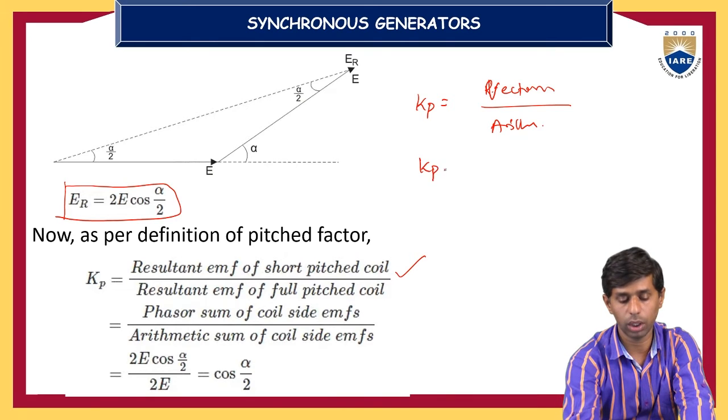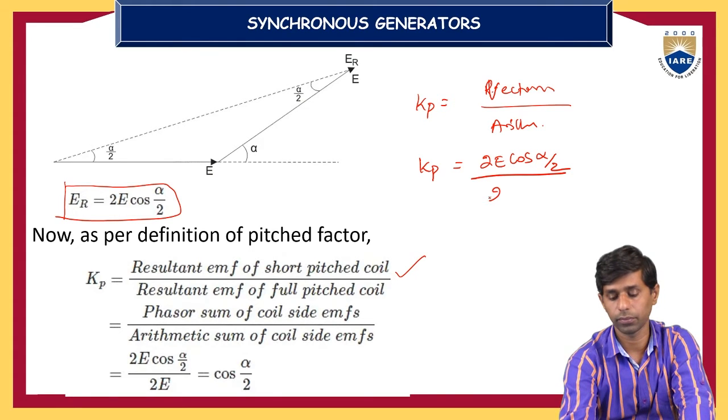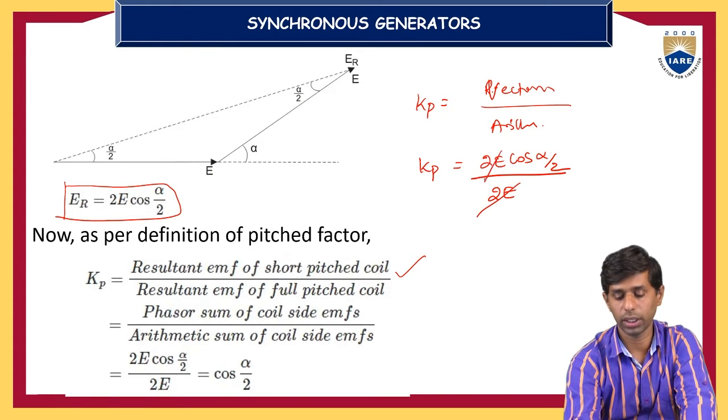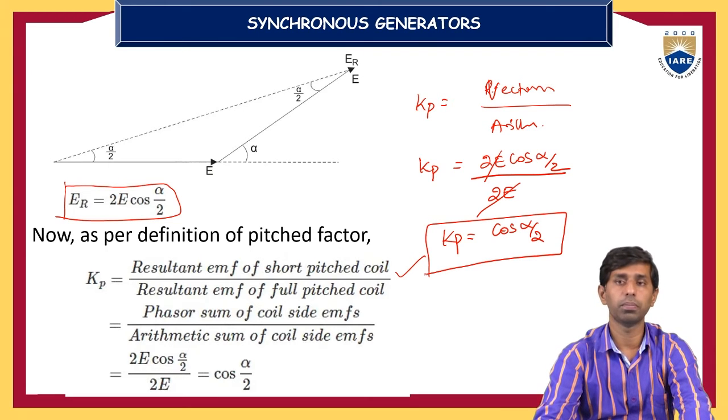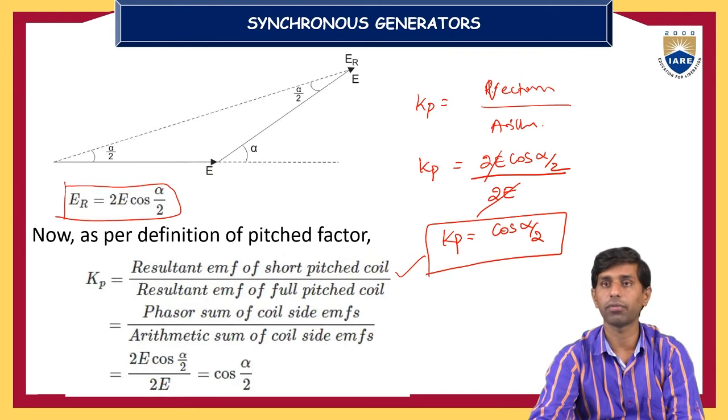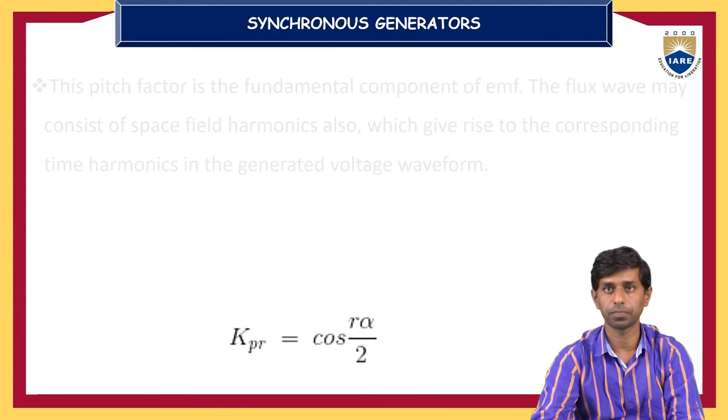So Kp is equal to 2E cos alpha by 2 divided by 2E. These two are cancelled. Pitch factor is equal to cos alpha by 2, which is the expression for the coil pitch factor or coil span factor of the alternator when it is short pitched by angle alpha.